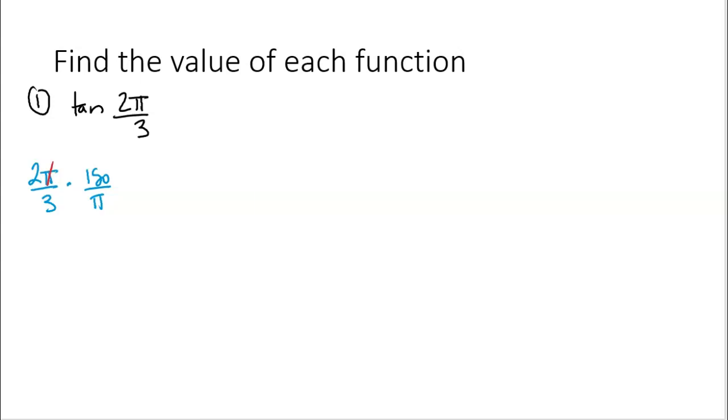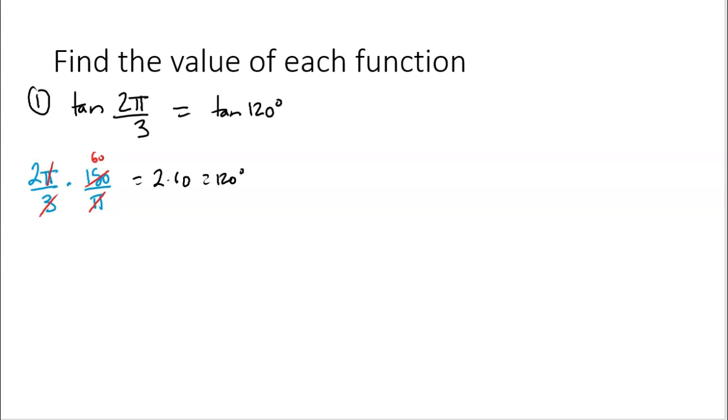Our pi's will cancel out, and 3 will go into 180 60 times. So we multiply 2 times 60 to give us 120. So tangent of 2 pi over 3 is the same thing as the tangent of 120.